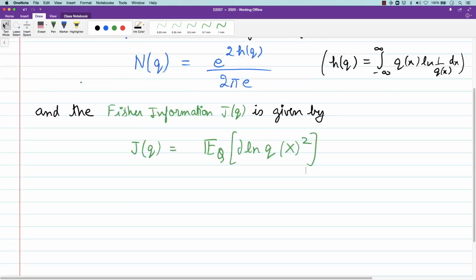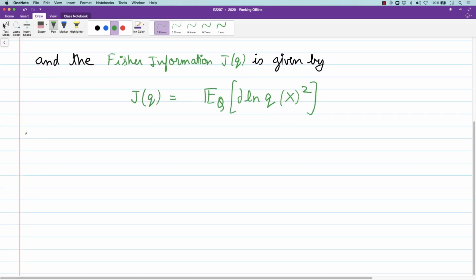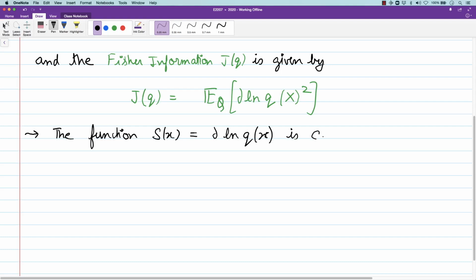Just a quick discussion on this Fisher information. The function S(x), the derivative of log q(x), is called the score function.